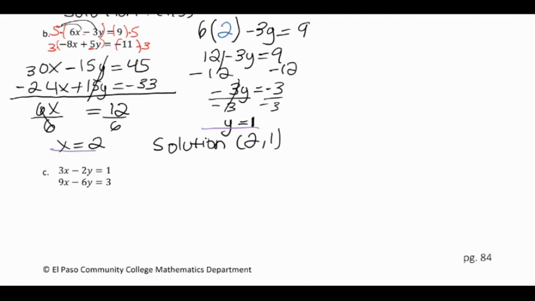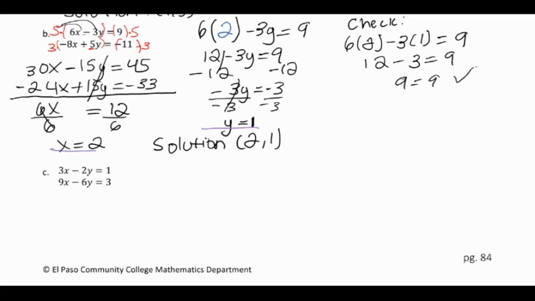We check our solution in both of my original equations. So check. We have 6 times x, but x is 2. So 6 times 2 minus 3 times y equals 9. 6 times 2 is 12. Minus 3 times 1 is 3 equals 9. 12 minus 3, 9. 9 equals 9.